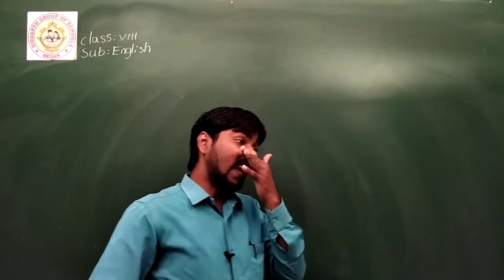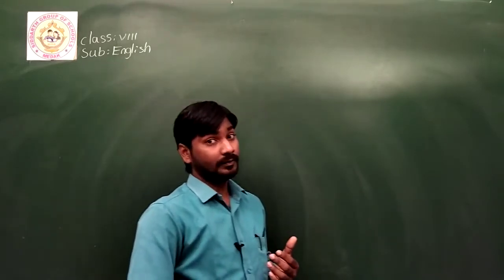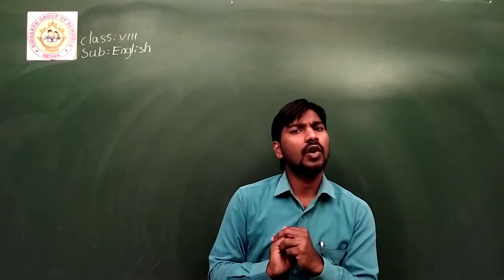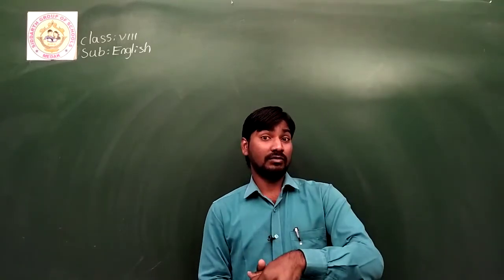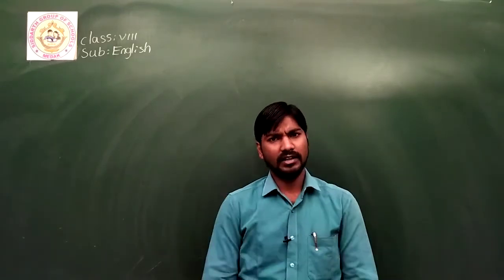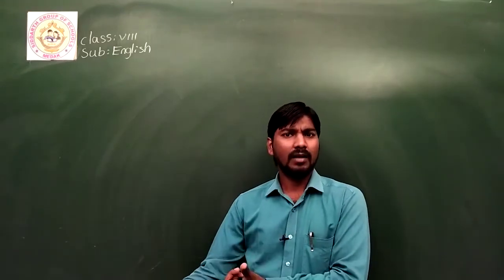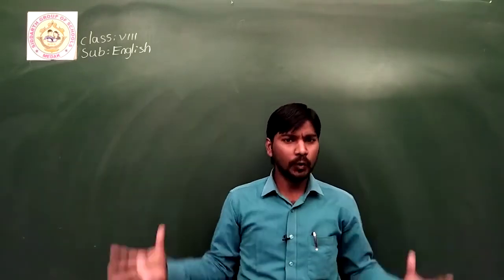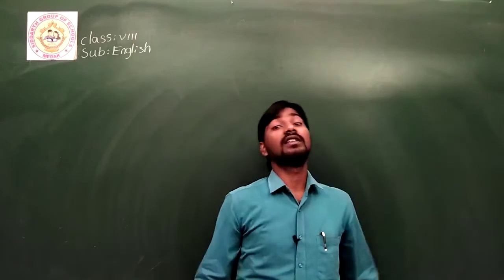You know, in the English language there were two movements. What are the movements? One is called the grammar translation method, and another is called the communicative method. Means two fights, two groups. One is saying that grammar is important.